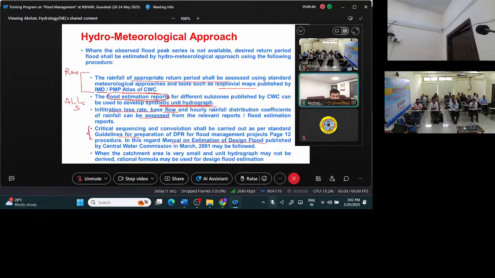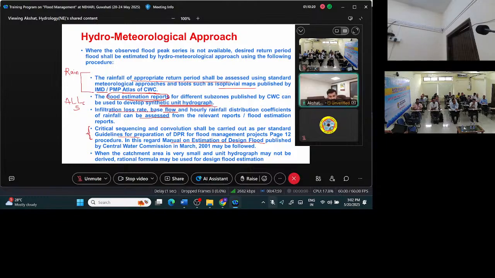When the catchment area is big, you can prepare a unit hydrograph. You have rainfall, and you will just multiply the unit hydrograph by the critically sequenced rainfall, and you will get a storm hydrograph. To that storm hydrograph, you will add base flow. After adding the base flow, you will get the return period hydrograph, and the maximum value of that hydrograph can be taken as the return period discharge on which designs can be done.